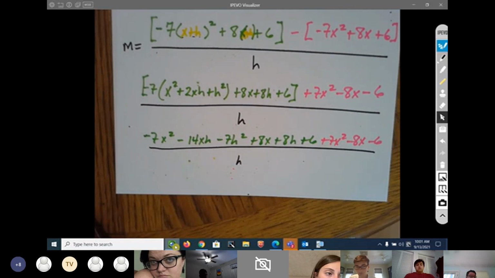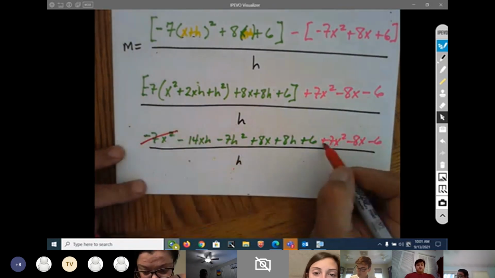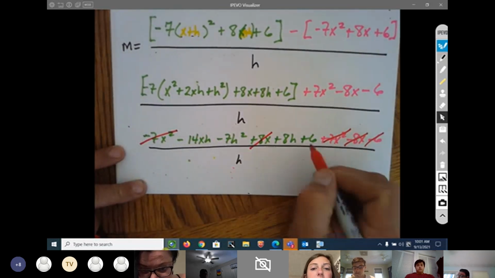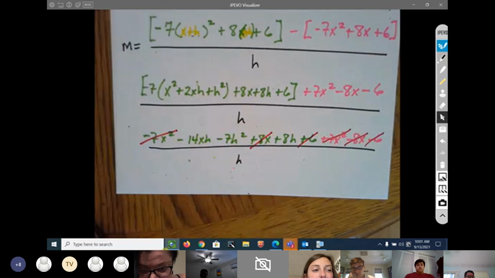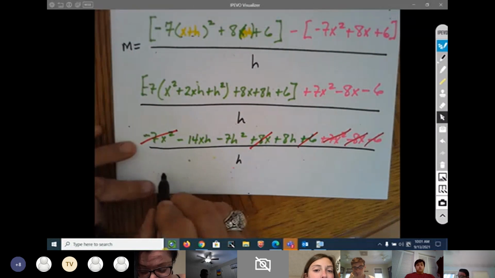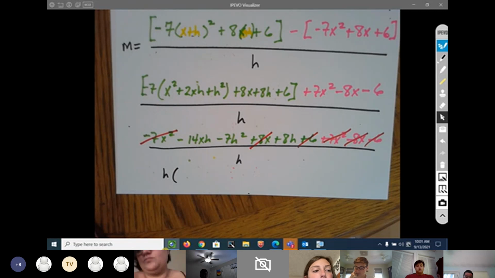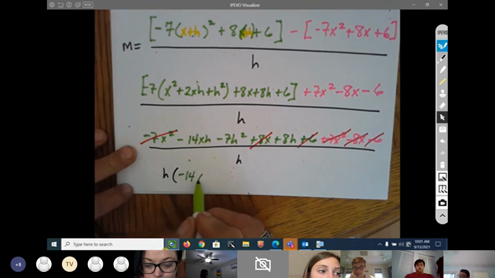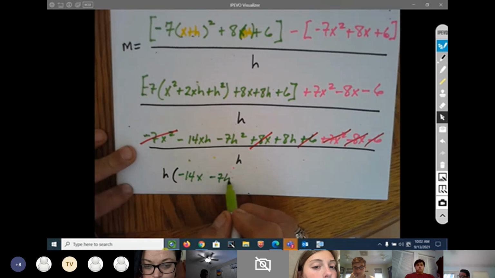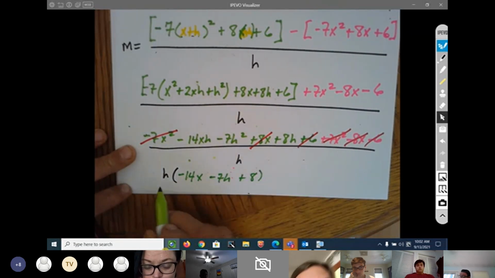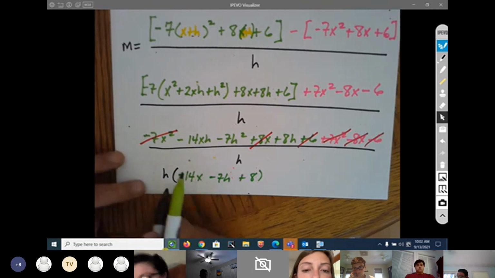And the 7x squared cancels with the -7x squared. The 8x cancels with the 8x, and the 6 cancels with the 6. Factor out an h, and that's going to leave you with negative 14x minus 7h plus 8 over h.